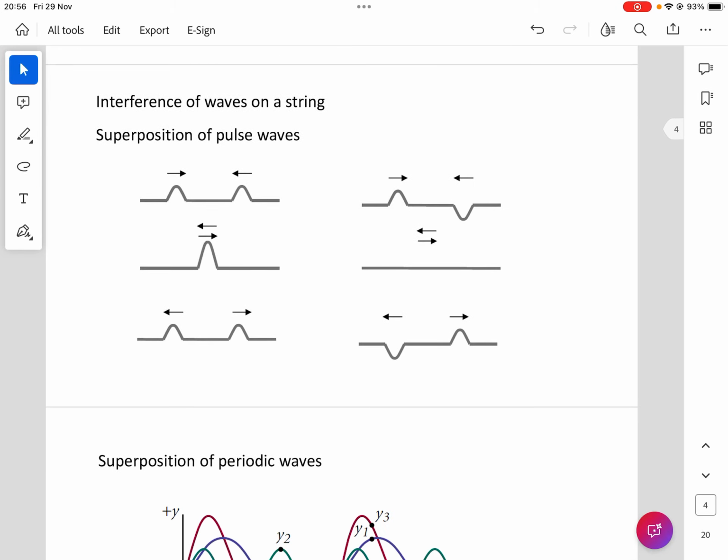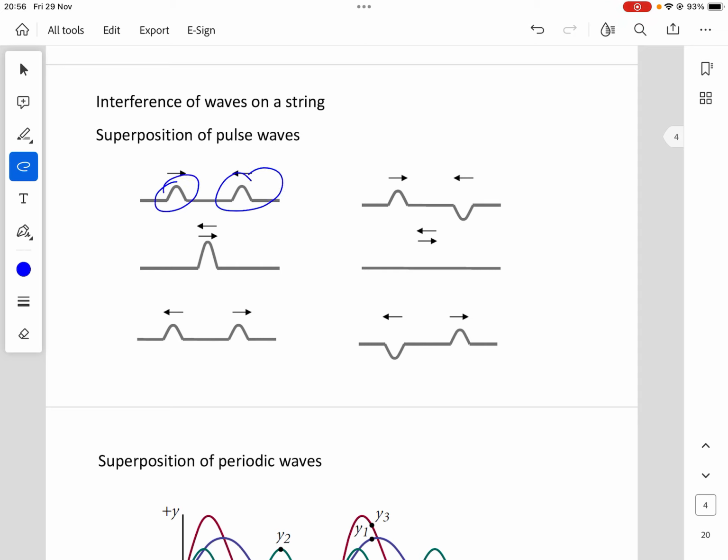Next is what the interference of waves on the string really is. It can be waves moving in the same direction or waves moving in different directions. This slide gives you an example. If we have pulse waves that both have the same phase, their displacement is in the positive vertical direction.